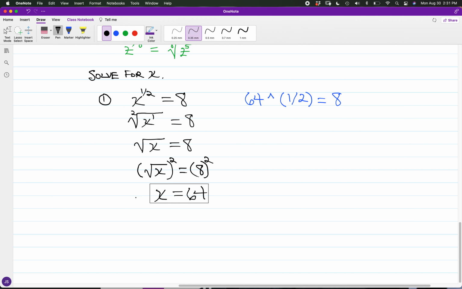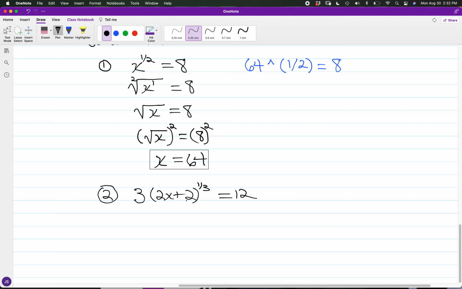Now, changing up a little bit, let's say I have 3 times the quantity 2x plus 2 raised to the 1/3 is equal to 12. I get the variable expression base by itself, so I'll just move the 3 by division.